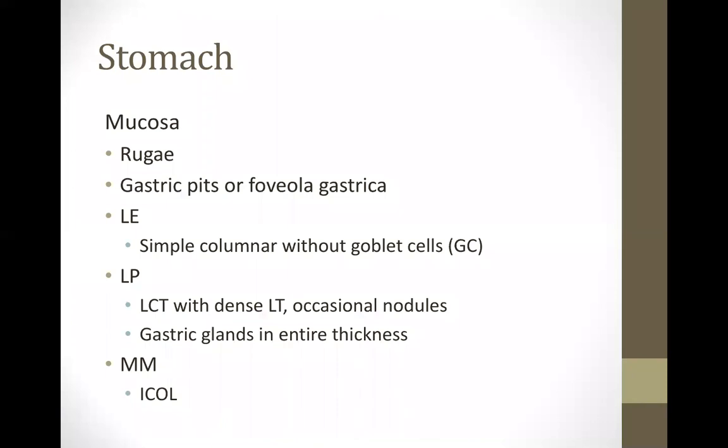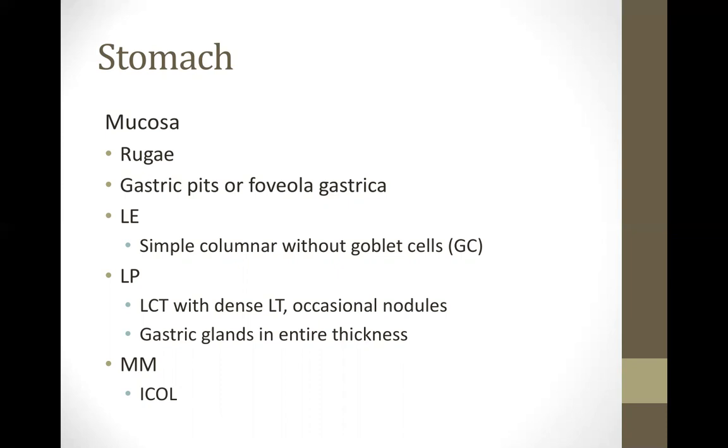Okay? Your stomach, let's start with the mucosa. In the mucosa, you may find so many gastric pits or foveola gastrica. The rugae are structures found in the stomach, the involutions of its mucosa. The lining epithelium of the stomach is simple columnar. Okay? I'll give you a clue.